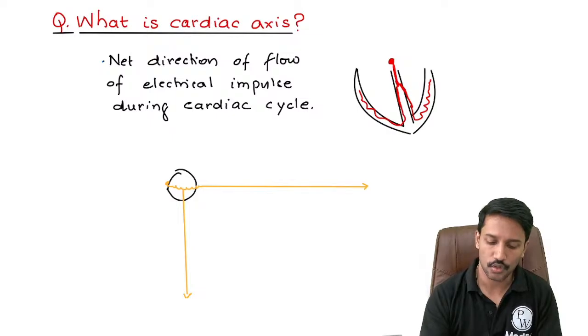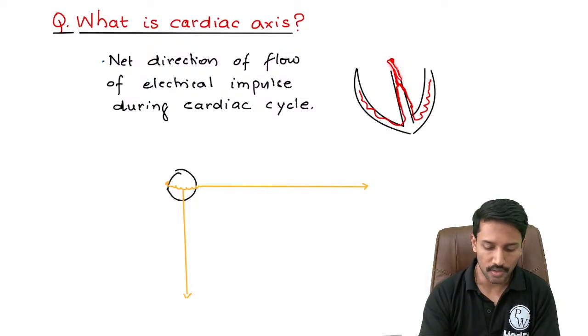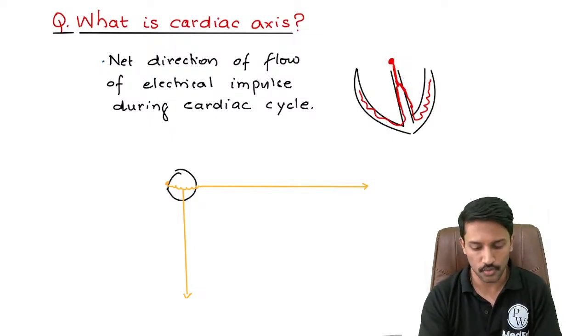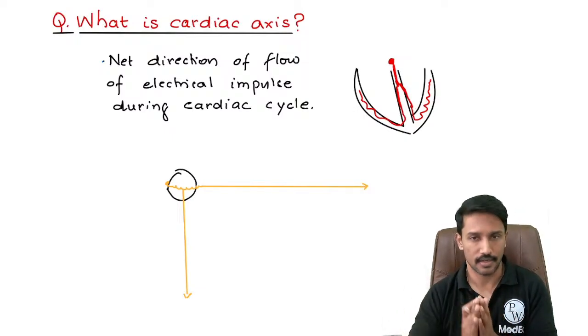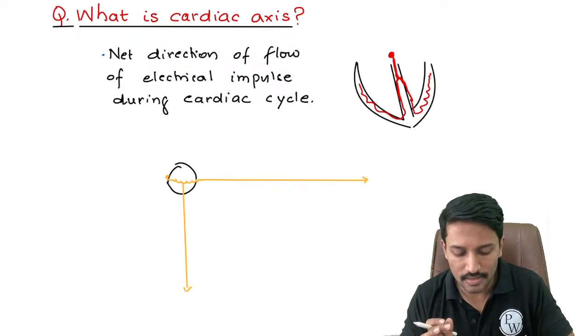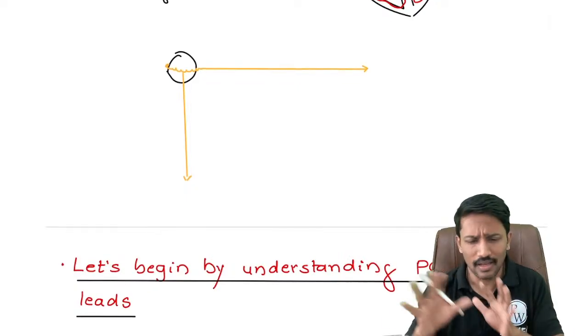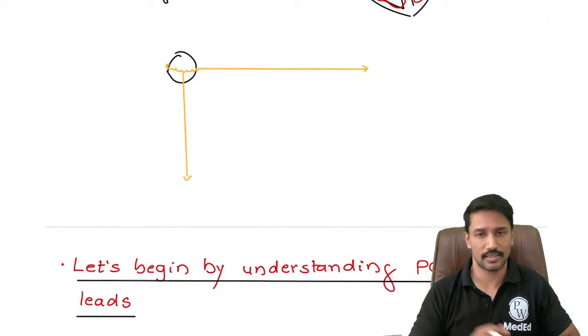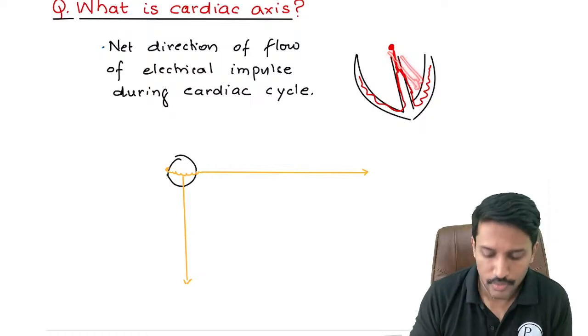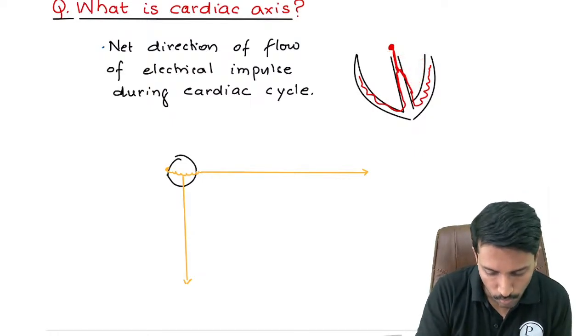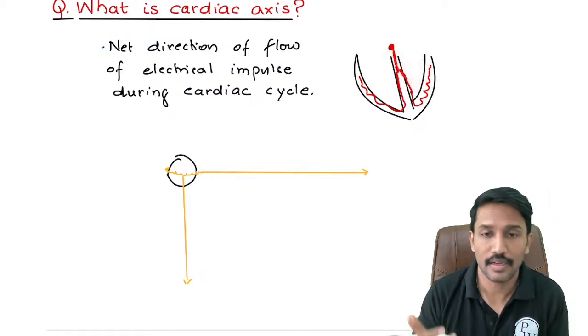So today we are going to learn how to determine what is the net direction of flow. Is it going towards the left? Is it going towards the right? What is the exact axis of the direction? Now you may be thinking, sir, why should we know the axis? Now why is the axis slightly towards the left ventricle? Because the left ventricle is most muscular, so more electricity goes towards the left ventricle.